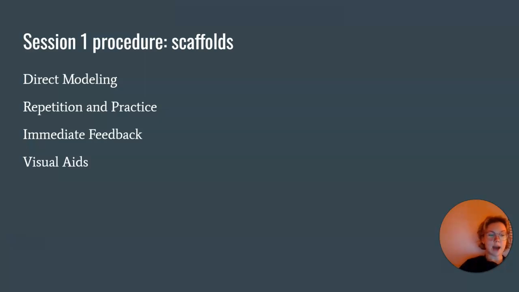Following immediate feedback, which means that after the assessment I give them immediate feedback, and I help them understand and correct their previous mistakes. And also visual aids: flashcards were used as visual aids to support comprehension, and the client could form visual associations by pairing verbs with flashcards, aiding memory and understanding.